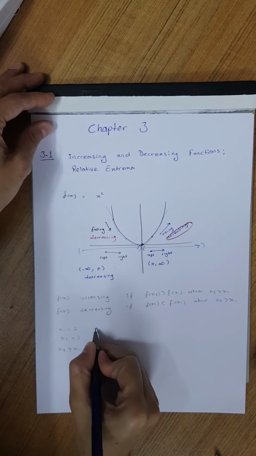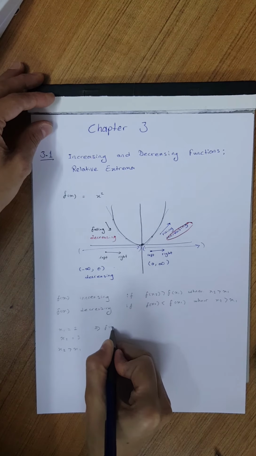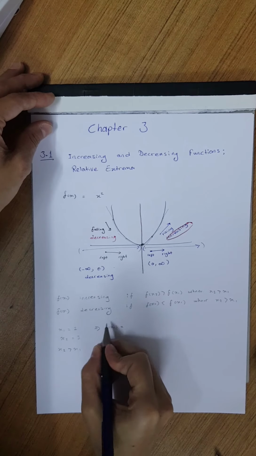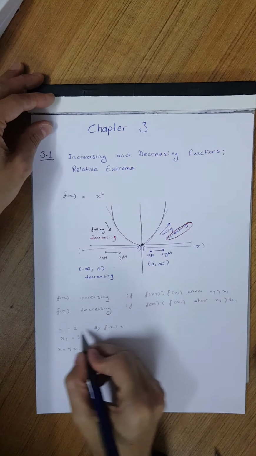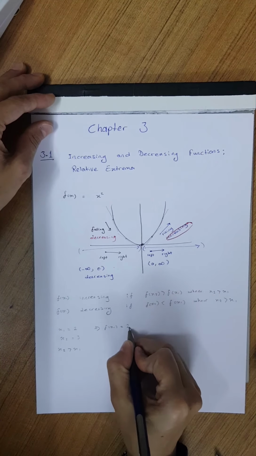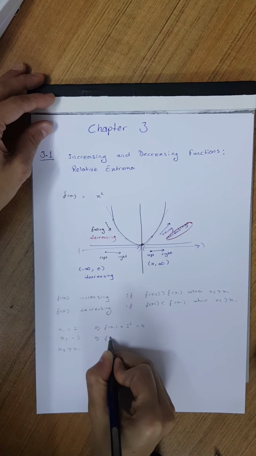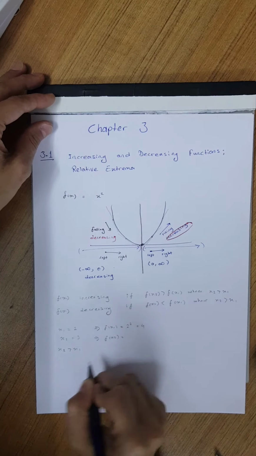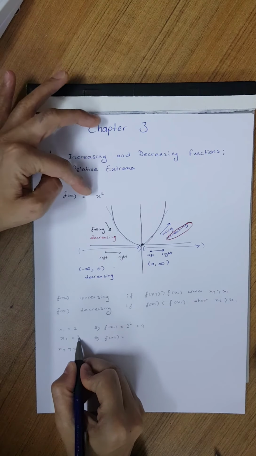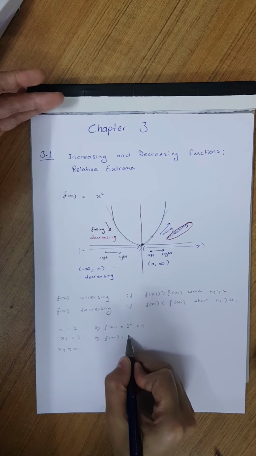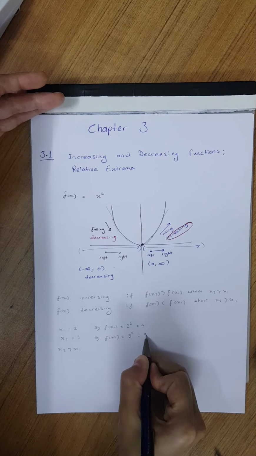Let us find f of x1. F of x1 is equal to what? Since the function is x squared, if you put 2 in the x squared, that will be 2 squared, and that's equal to 4. And if you want to find f of x2, if you put 3 into that function, we will get 3 squared, and that's equal to 9.